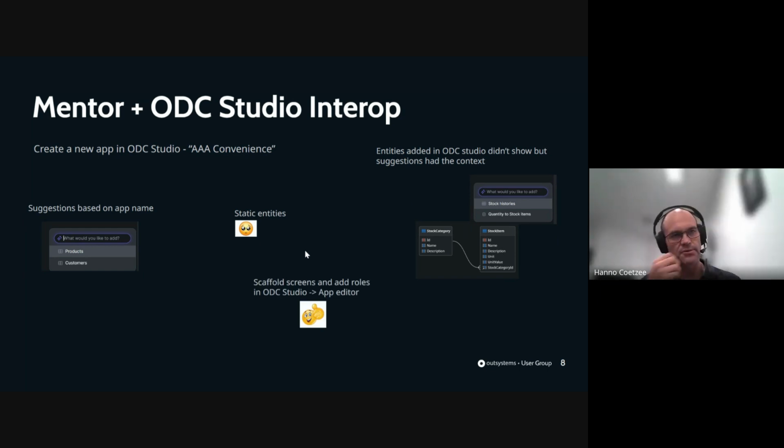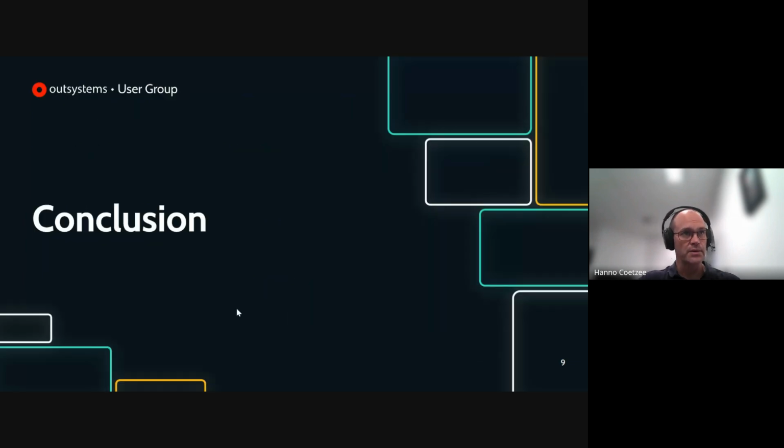But one thing I really liked was that when I scaffolded screens from the entities that I created, those would show up in the app editor every single time. And that was great. Adding entities in the app editor would also generate screens, and those would also show up in ODC Studio every time.